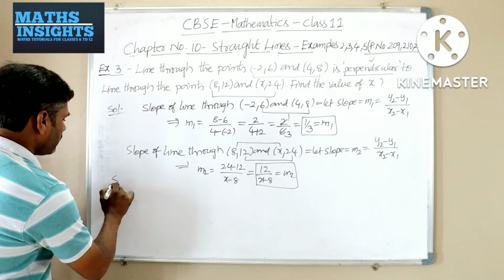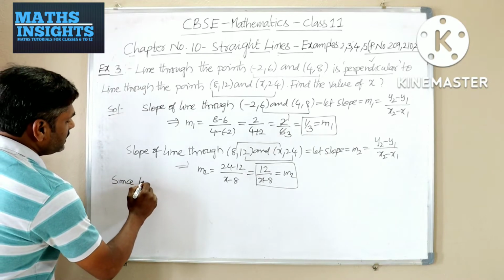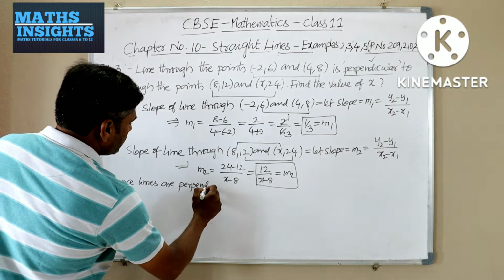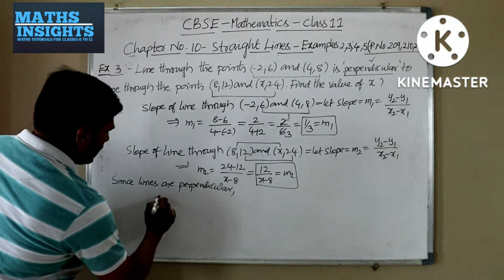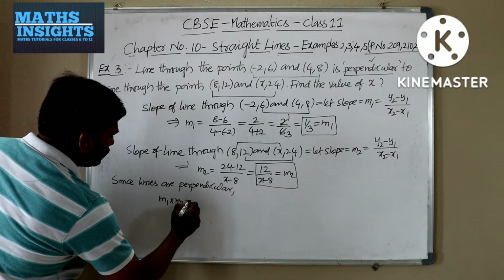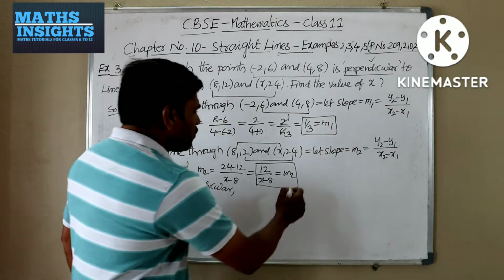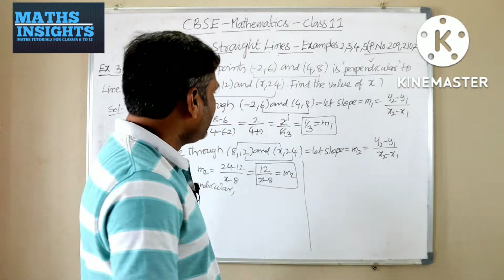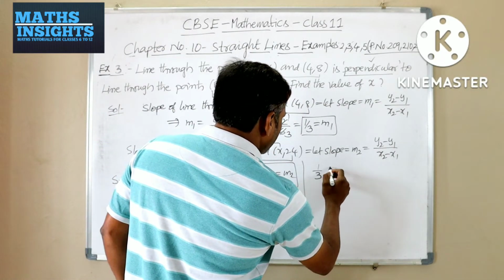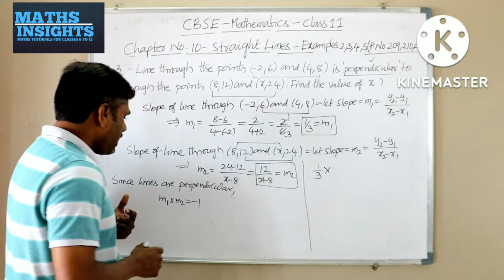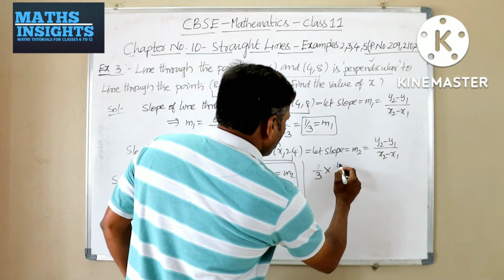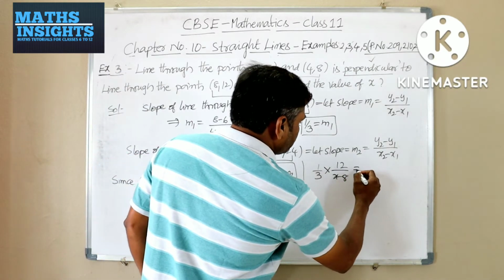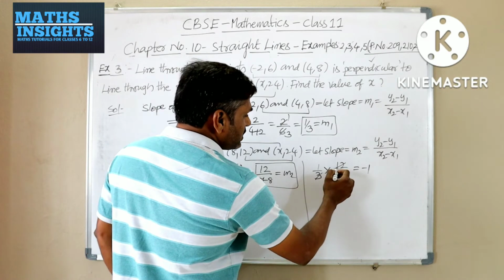Since the lines are perpendicular, m1 into m2 is equal to minus 1. So, whatever values you got for m1 and m2, I will substitute those values here. 1 by 3 into, what is the m2 value? The m2 value is 12 by x minus 8. The product of their slopes is minus 1. So cancel, 3 ones are 3, 3 4s are 12.